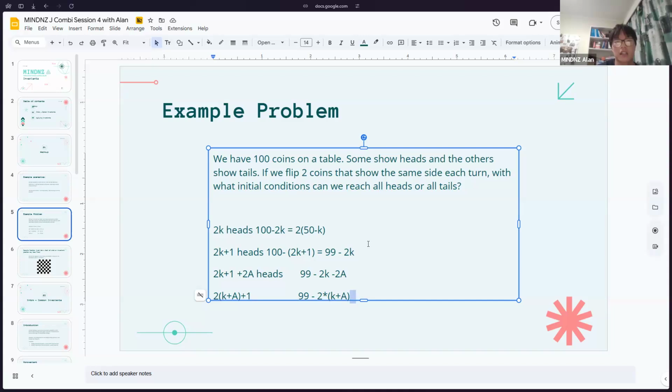And this means that we will always have an odd number after some move, but then we want 100 coins to be heads or tails, and 100 is an even number. So we have a contradiction because we can only reach odd numbers starting with an odd initial state, which means we must have in initial conditions that we have an even number of heads and an even number of tails.